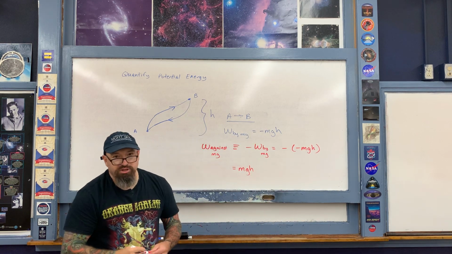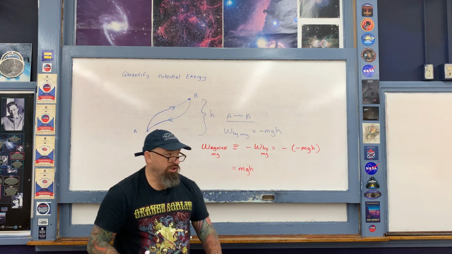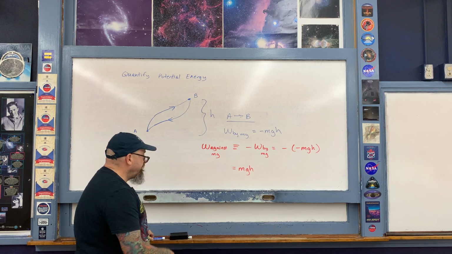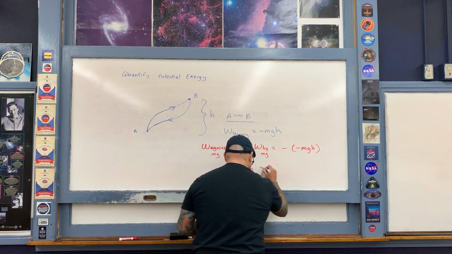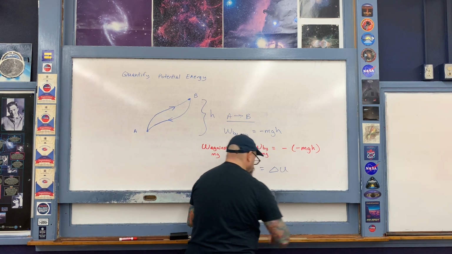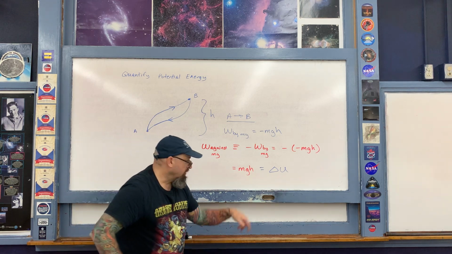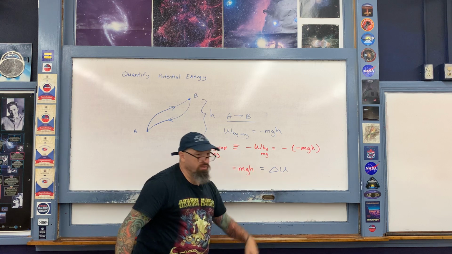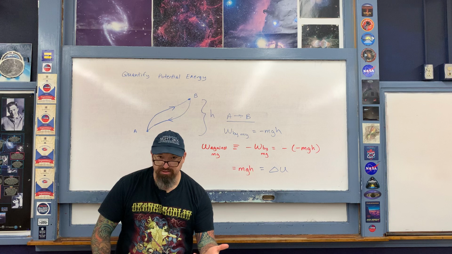This positive mgh is now interpreted as the change in the object's potential energy as we go from point A to point B. We use the variable capital U to describe potential energy, like so. Technically speaking, what we've calculated here, the work done against gravity, is interpreted as a change in gravitational potential energy as we go from point A to point B on the diagram.